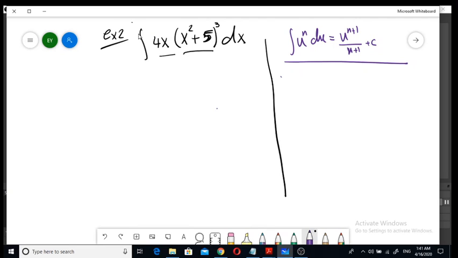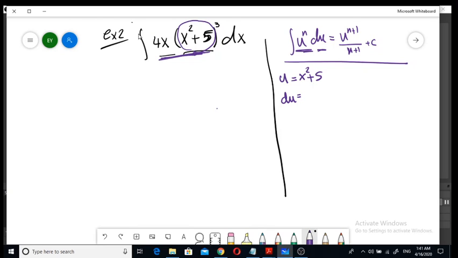So we need to identify u and du, and replace this function in terms of u and du. If we select u to be the inside function of this composite function, u is going to be x squared plus 5.